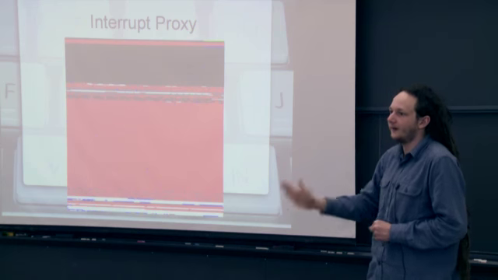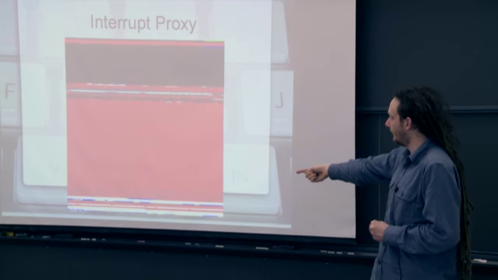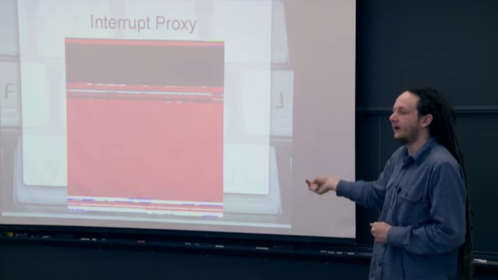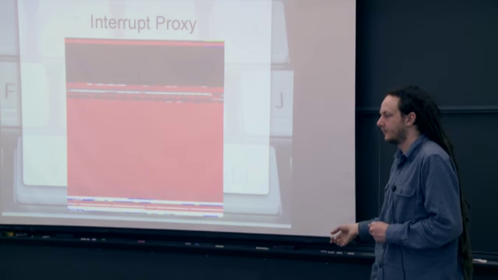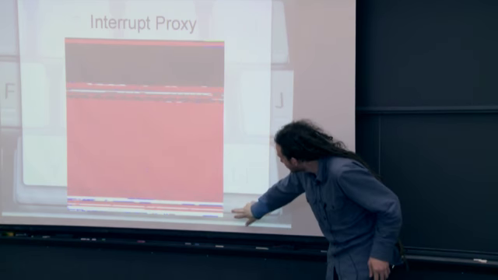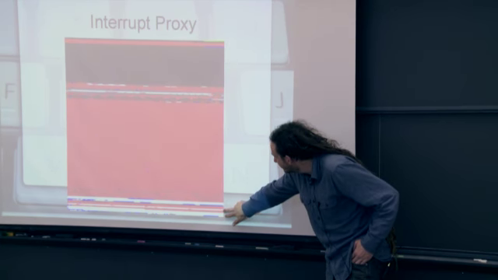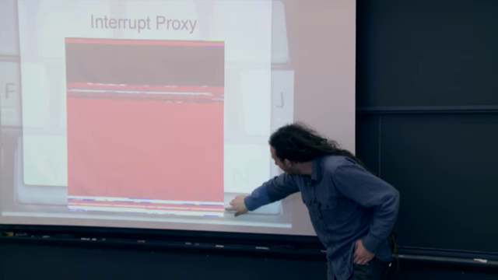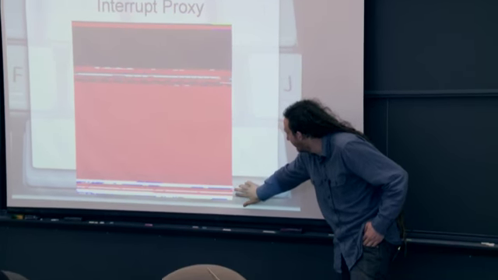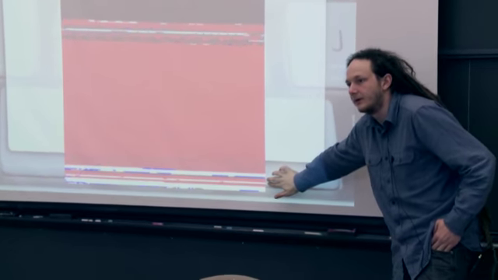The upper half of the address is the y-axis, and the lower half of the address is the x-axis. These regions down here are I/O space. And then I believe this is C00, and this region here is the bootloader ROM.